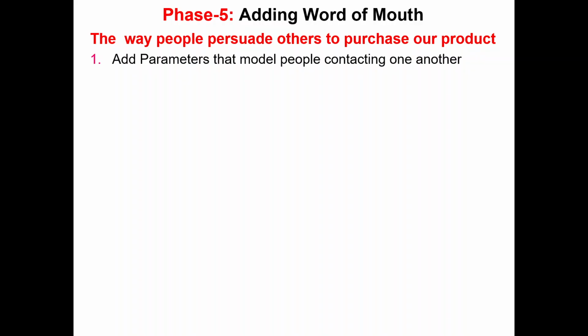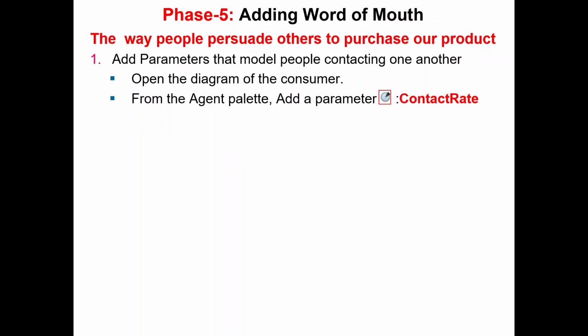The first parameter is used to represent how people contact one another. We will open the diagram of the consumer by double clicking the consumer icon in the main diagram. We will open another diagram of the consumer. Here from the agent palette, we'll add a parameter. We'll call it contact rate.